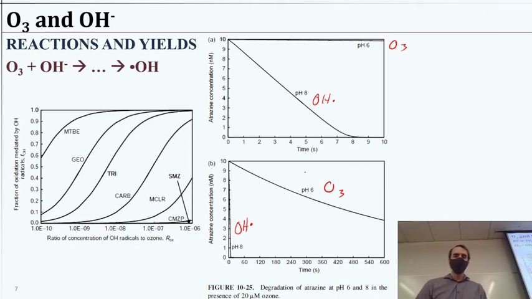Especially if you take a look at exactly what remaining concentration in nanomolars we have at the end, it looks like 4 here. If we take a look at how long that takes, 5 seconds compared to 600 seconds. So that's quite a big difference.